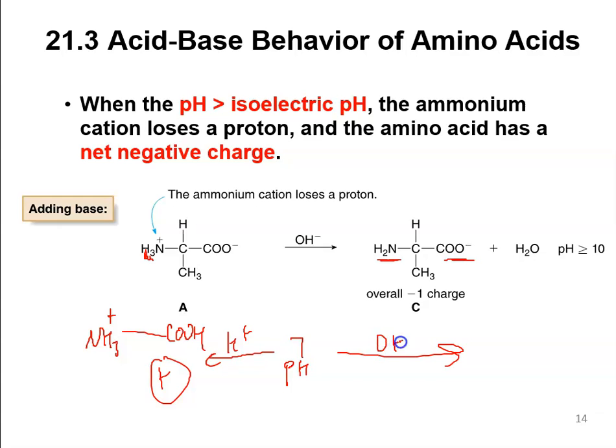If I go more basic and add hydroxides, I pluck the hydrogen off of the nitrogen, and I still have a negative charge on this. I now have a -1 charge. So depending on the pH, I can alter its charge.